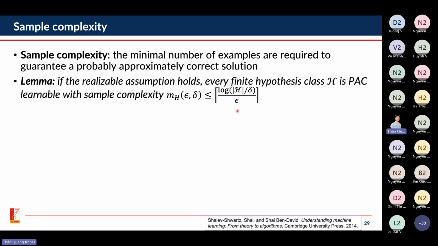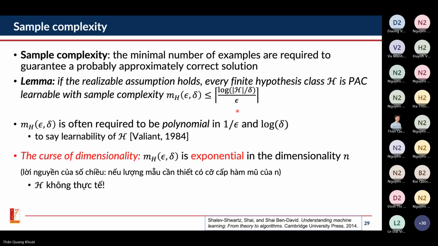Sometimes this hypothesis family can be very good. It requires a small number of samples in order to assure that the trained model can be accurate. And in practice, especially in the definition of learnability, we often require m to be a polynomial in the two parameters, epsilon and log delta, okay?